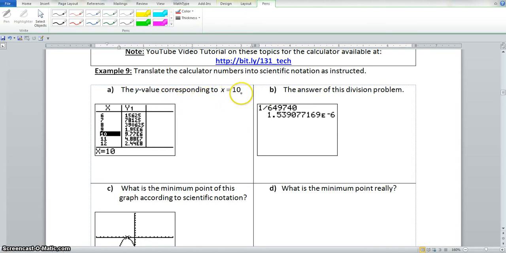Once you put it in your calculator, it will give that the X value is 10 and the y1 value is this value here. Now, what we need to do is write this in regular number form. So basically, it's 9.77 E6.